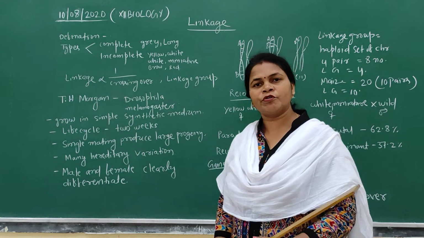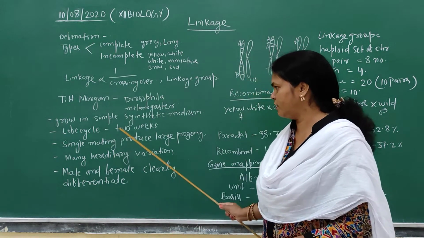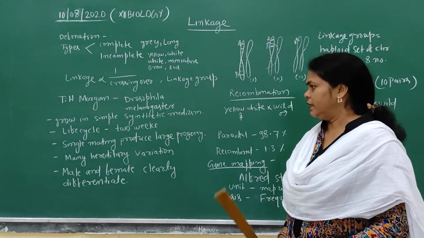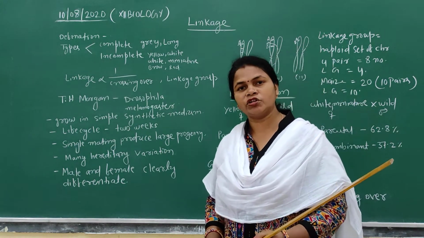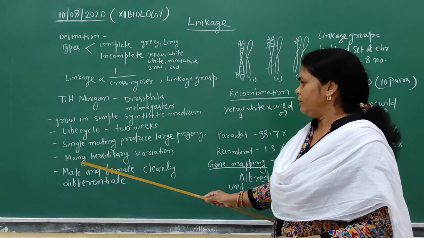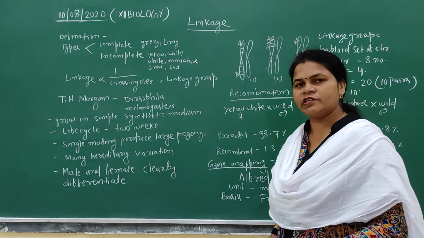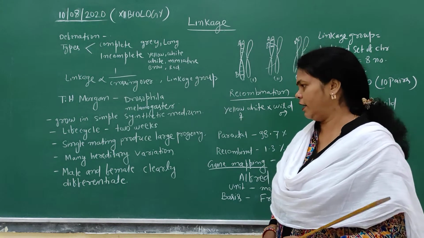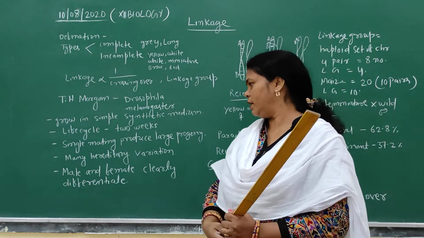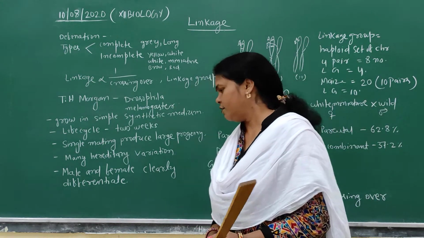The life cycle of Drosophila is very short, nearly 2 weeks. A single mating produces a large number of progeny, and many hereditary variations are present in Drosophila. Again, the male and the female are clearly differentiated.